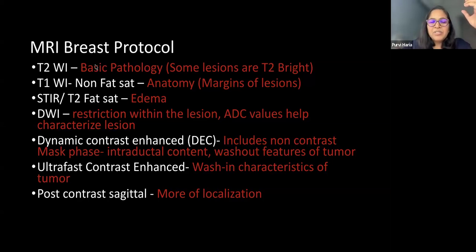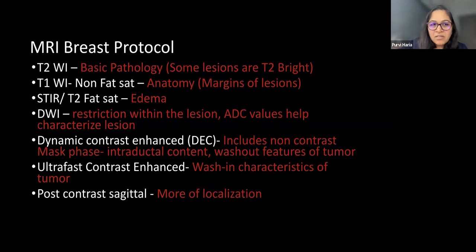There are some things which we can see on each sequence. On T2 weighted images, we can see basic pathology better. There are lesions which are very T2 bright, and some lesions which are iso or slightly hyperintense. T1 weighted images are important to delineate the anatomy of the lesion. So when I want to look at the margins of the lesion, I go and look at the T1 weighted images. STIR images give you an overall picture wherever there is increased edema or fluid.